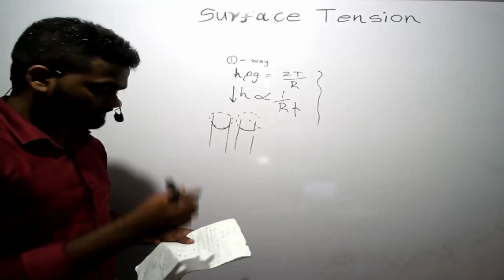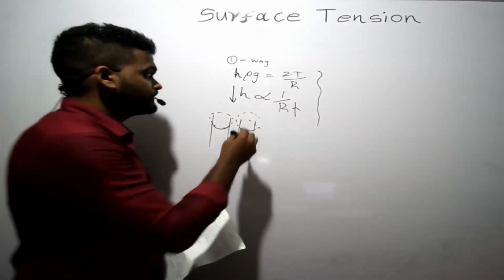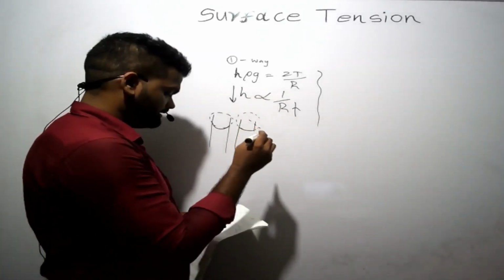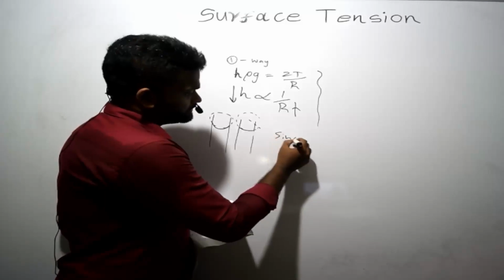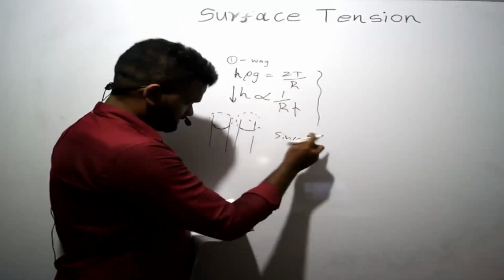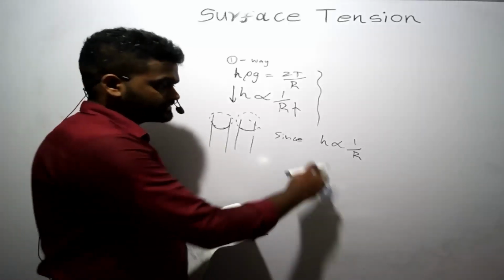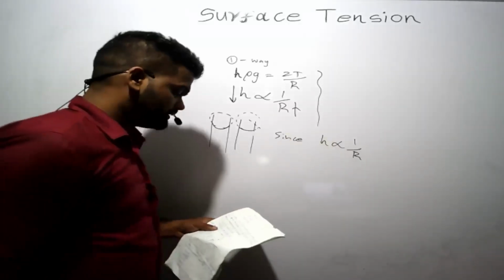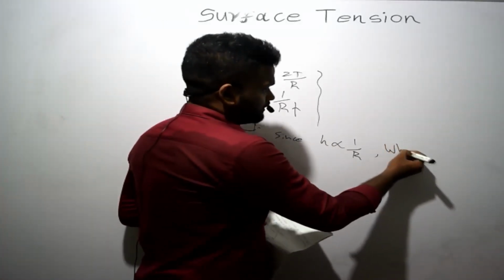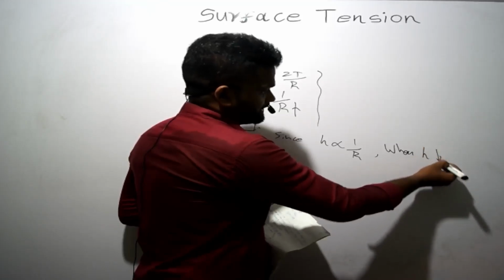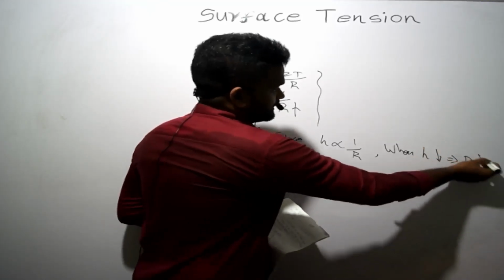Right. Below, write down, don't write these, right? Since h is proportional to 1 over R, when h decreases, R increases.